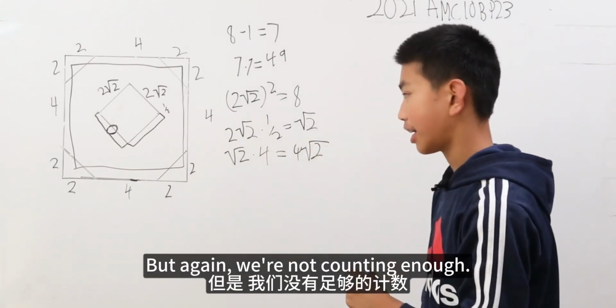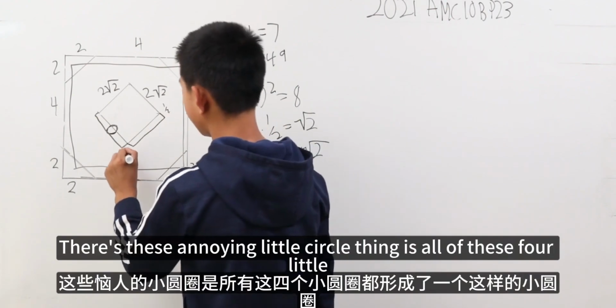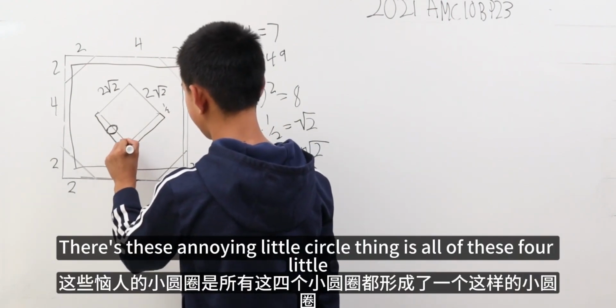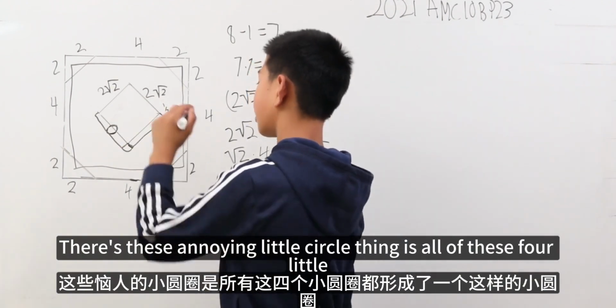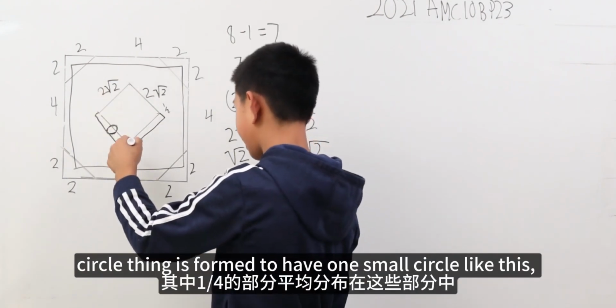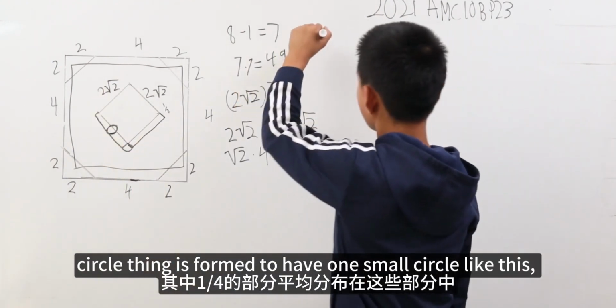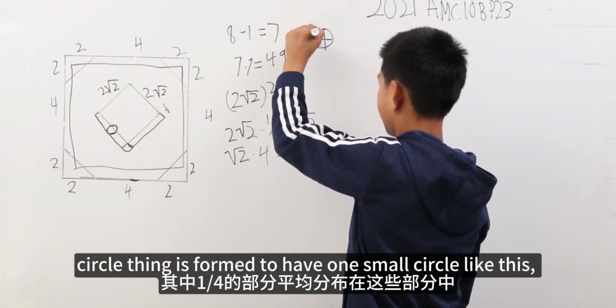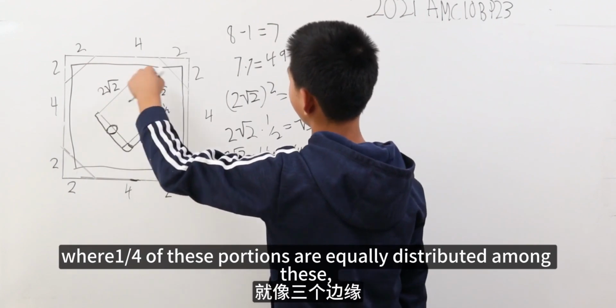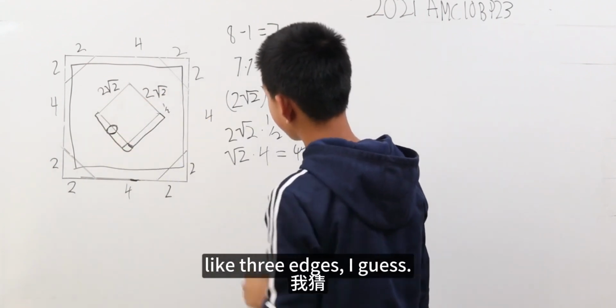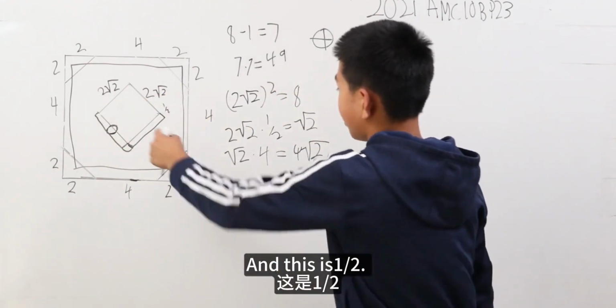But again, we're not counting enough. There are these annoying little circular corner pieces. All 4 of these pieces form one small circle like this, where 1/4 portions are distributed among these 4 corners.